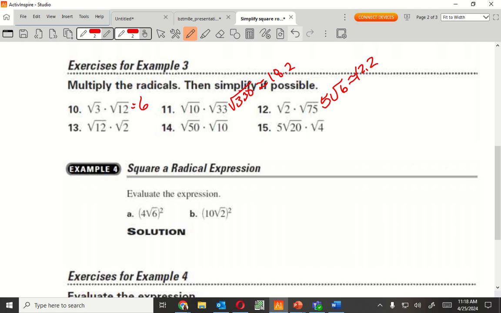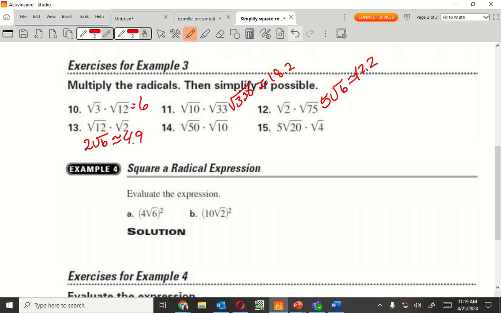12.2. This one right here is going to be, what's that? 4 rad 6? No? 2 rad 6? Oh yeah, you're right. 2 rad 6. Thank you. So 2 rad 6, which is going to give me about 4 point what? 9?